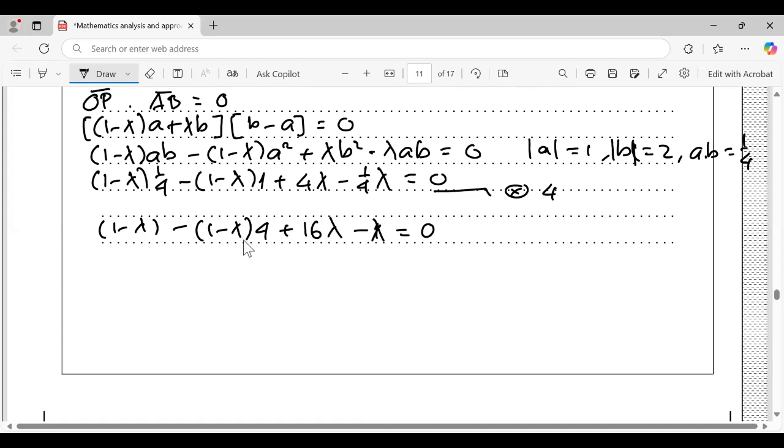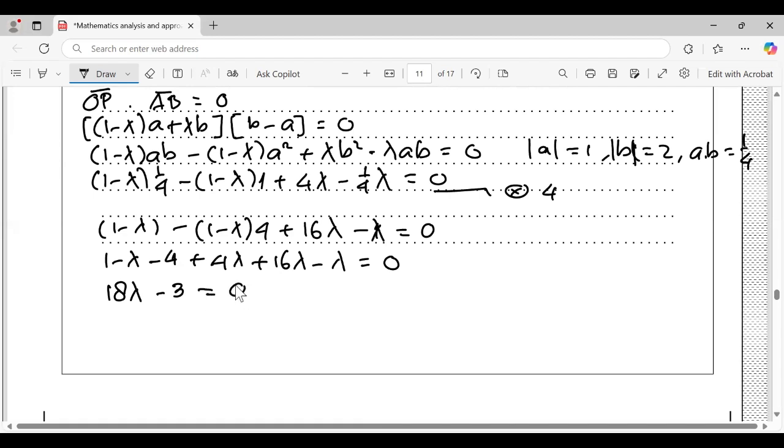Wait, this is 4 here actually: this is minus 4, because minus 1 times 4.